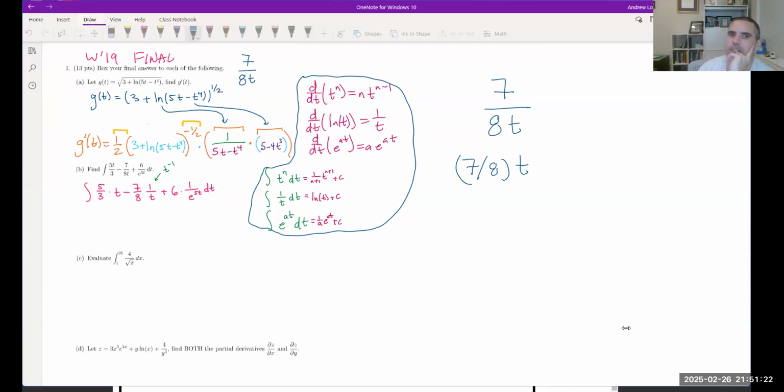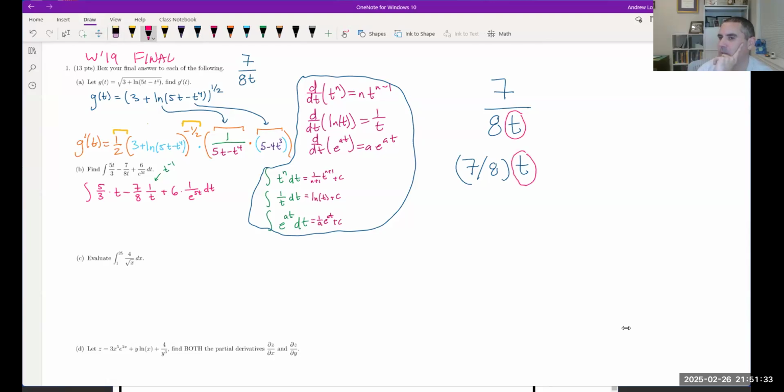The way you could run the experiment is you could just pick a number. How about a 2? If I put a 2 here, and I put a 2 here, and this isn't quite what you were asking, but are the expressions the same? They've got to be the same for all values. So this would be 7 over 16, and this would be 7/8 times 2, which would be 14/8.